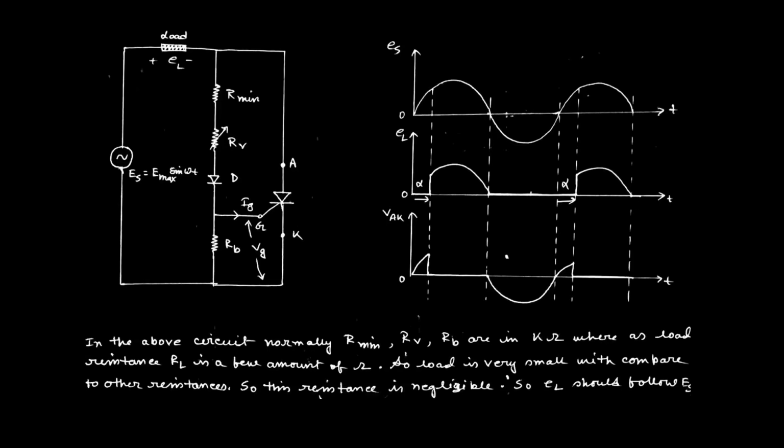Now the question arises, what will be the value of VG max? VG is defined as the voltage across gate to cathode. When the supply voltage reaches the maximum value, it is defined by VG max, as the voltage across the gate to cathode is maximum. So what will be the value of VG max?